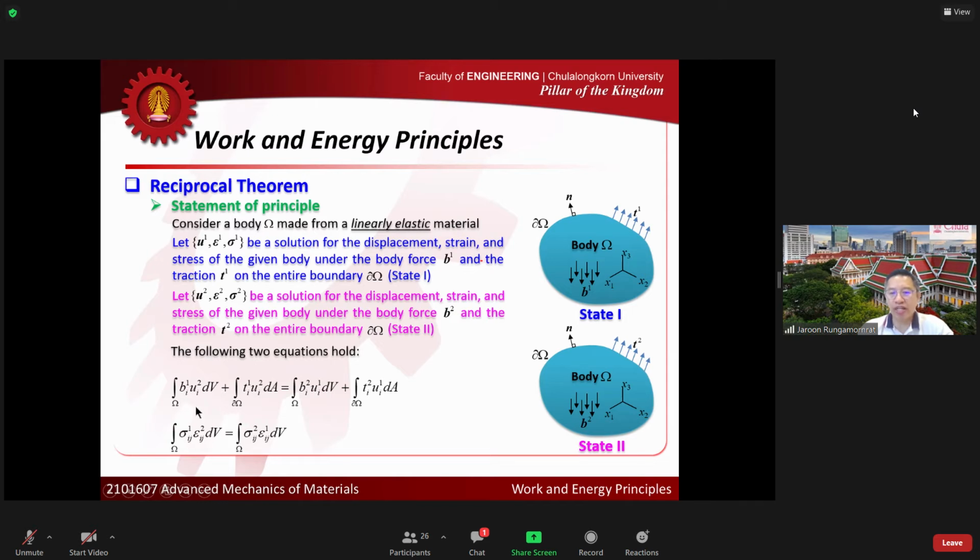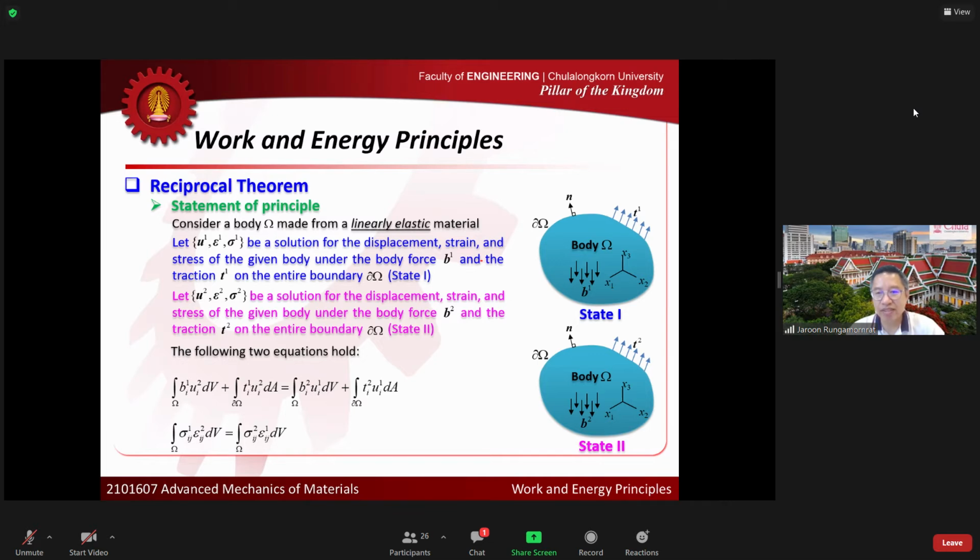If you look at the quantity that we introduce here, you can think that they are simply internal work done, right? Internal work done of stress from one state through strain from the other state, right? They are the same. Okay, so that's the theorem.